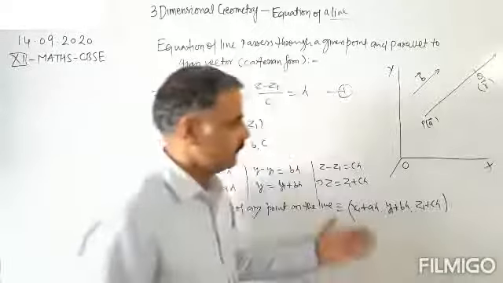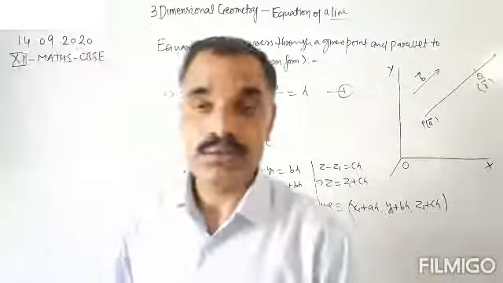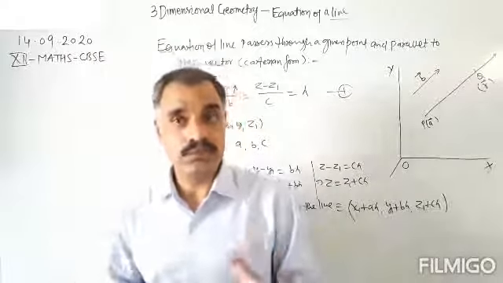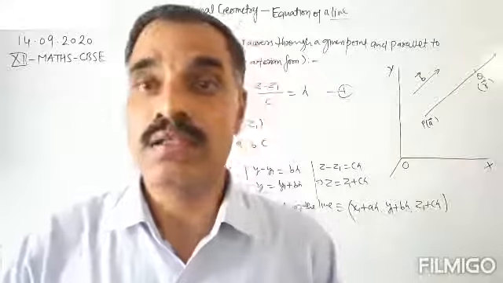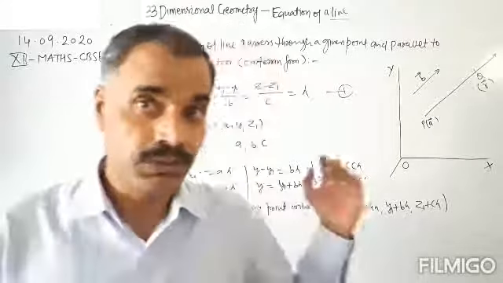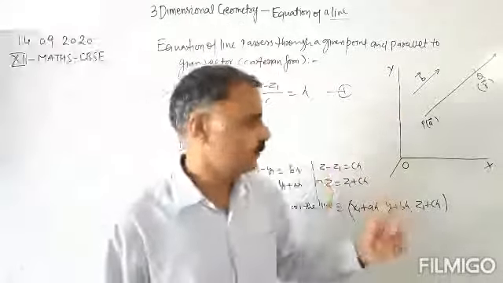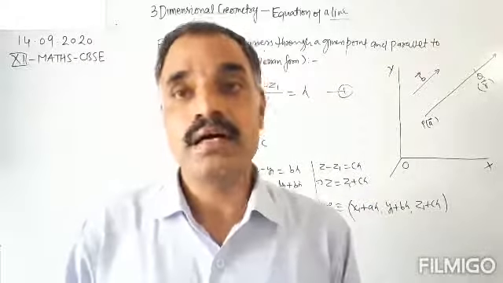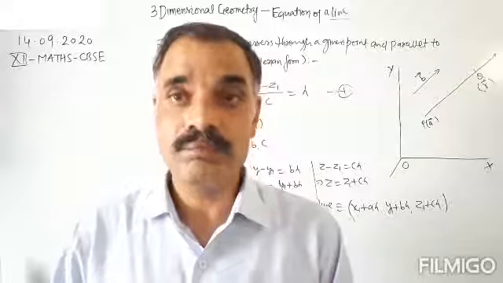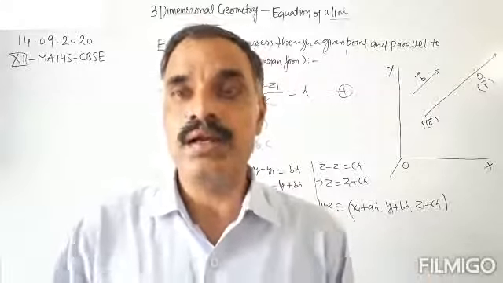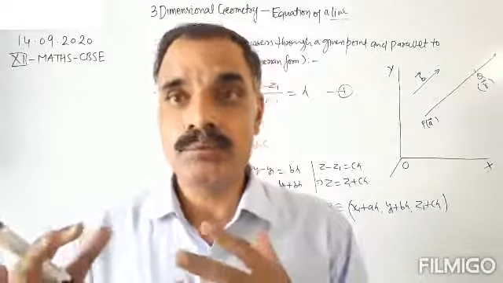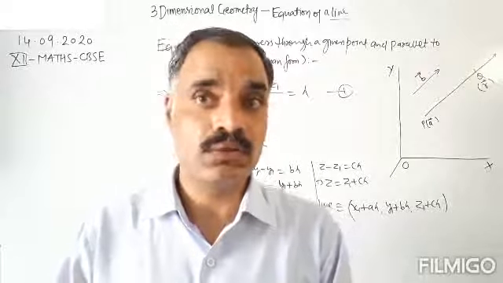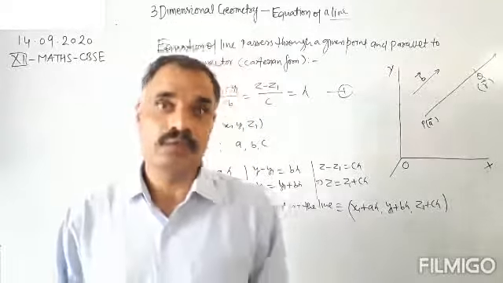This is the coordinate of any general point on the line, that is point Q. In this way we can find the equation of a line passing through a point and parallel to a given vector, or whose direction ratios or direction cosines are given.